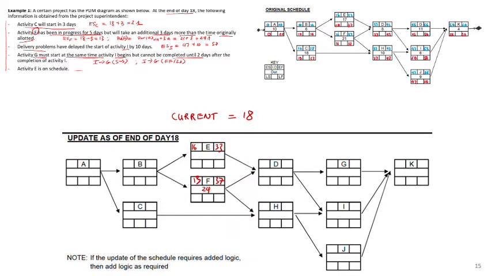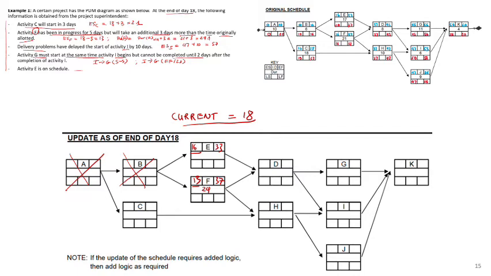So based on those logic, that means activities A and B are already completed, because the current day is 18 and F is already started, E is already started, so that means the finish of B is already gone. So it should be before 18. So A and B have to be completed.